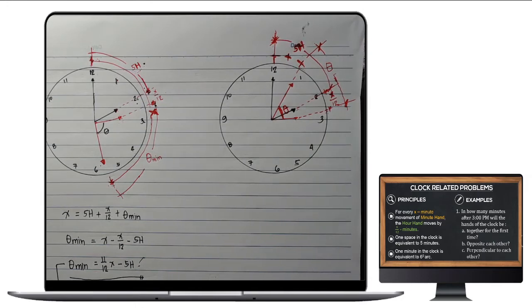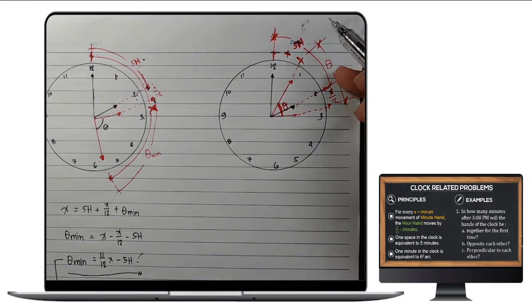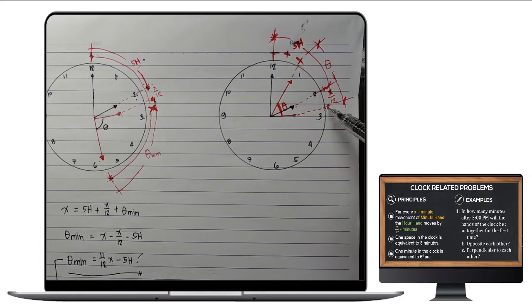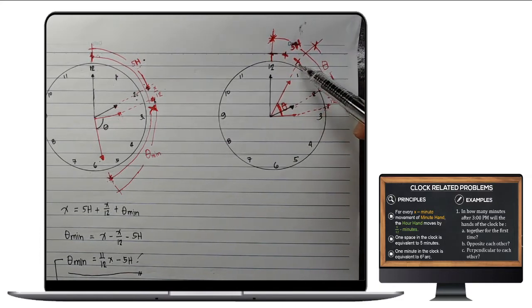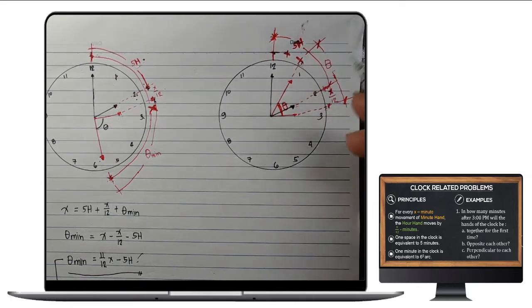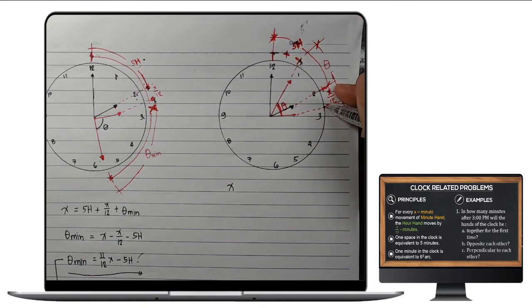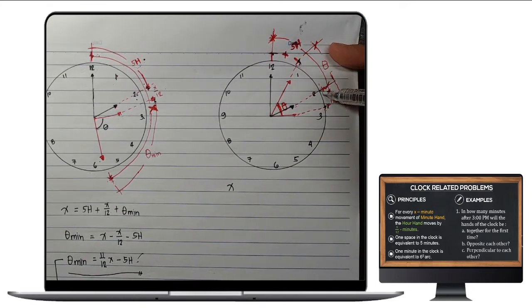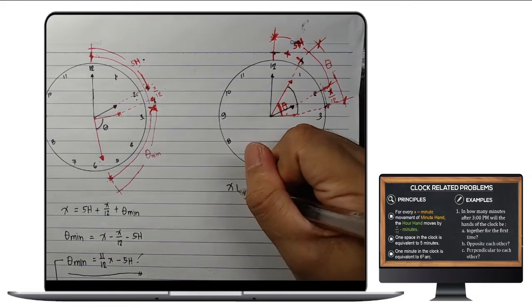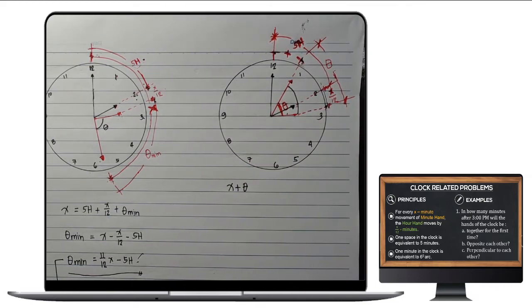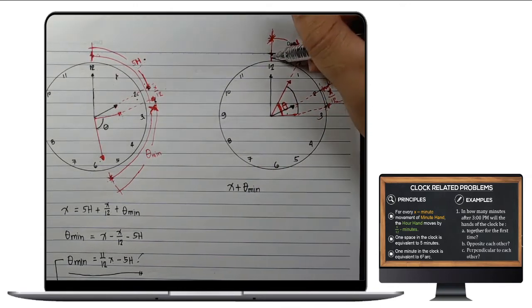And let's derive this equation. So, let's say from this point hanggang dito sa dulo, we have it as x. Then, what is the measurement from this point up to this point? Itong part na ito is simply theta. So, we can have it as x plus theta. Our theta here is in minutes. So, again, from this point to this point is x.